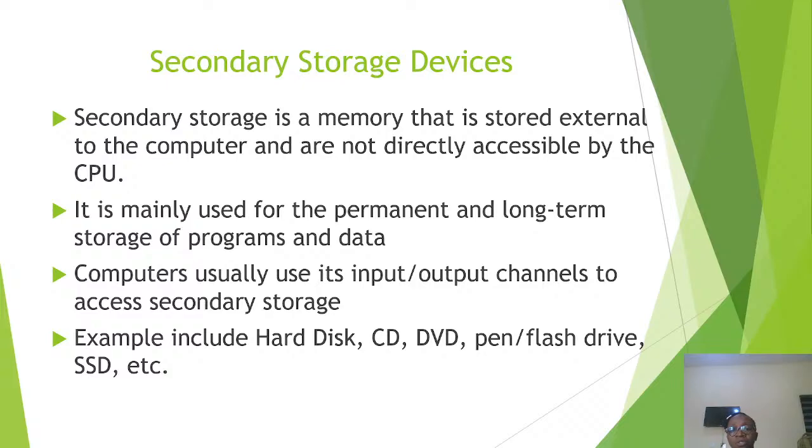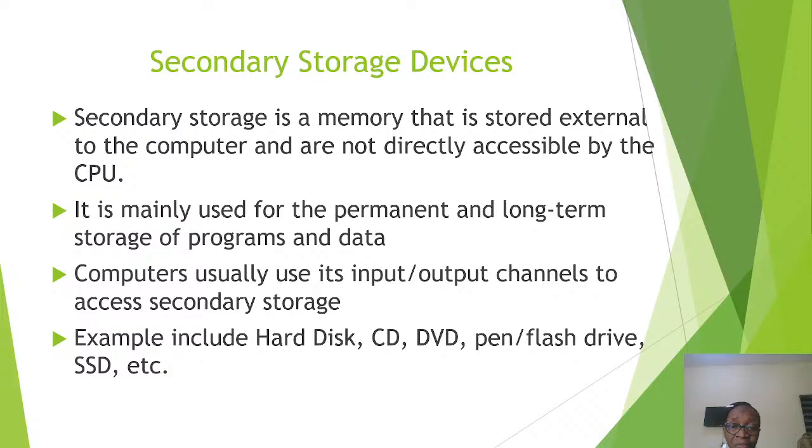So we said that secondary storage is for external, long-term storage. They are not like RAM, they are not like cache. They are for you, the users. We use it to store our files, our pictures, our videos, data that we just want to keep. It's mainly for the user.